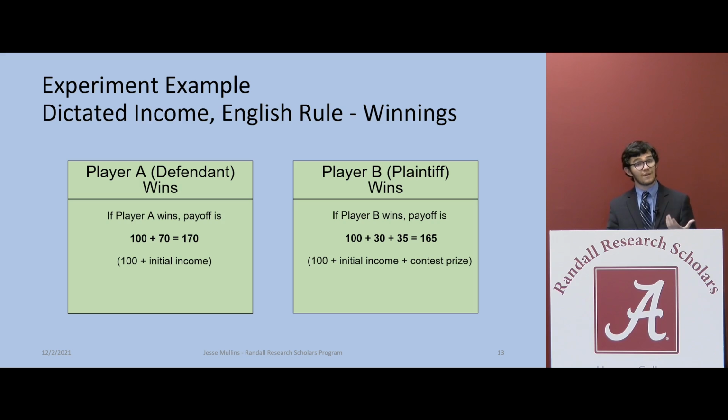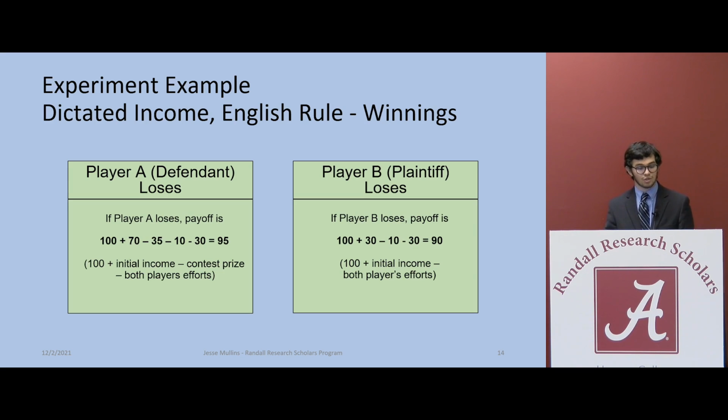If player A, the defendant, wins, they take their initial wealth of 100 plus their income of 70 and they keep it, having won the case. And if player B wins, they get their 100 initial wealth plus their income for the round, 130, plus the declared contest prize, the winnings of the case, for a total of 165.